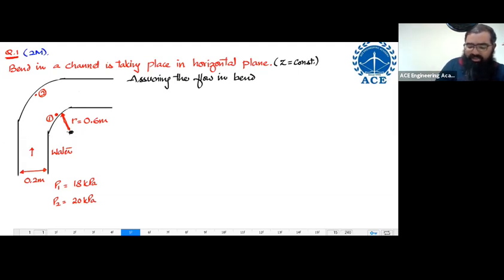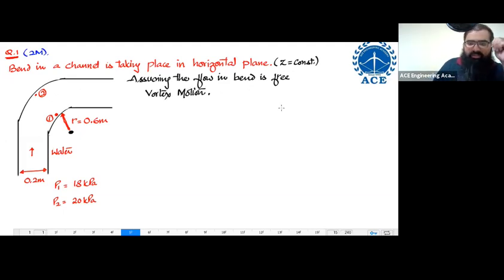Please imagine there's a particular axis coming perpendicular from this particular point. About that particular axis, the entire fluid body is rotating. So now it is observing some vortex motion. Now please remember this thing. Best example for free vortex motion is flow in bends. Assuming the flow in the bend is free vortex motion.